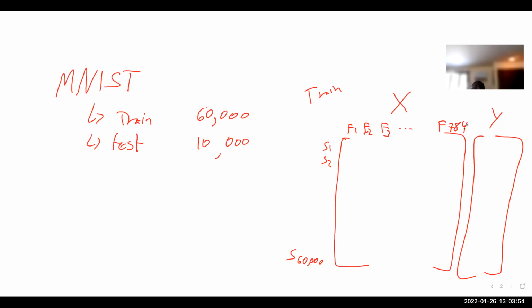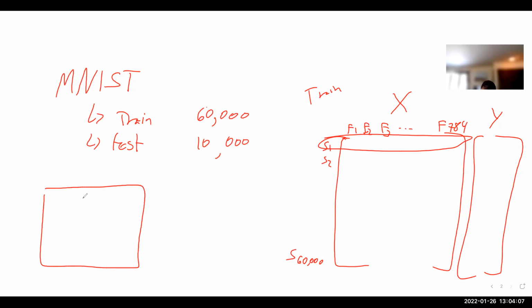Now, why 784 for each row? It's because of the following. Each row is an image, and the images are small images of size 28 by 28. So that is 28 pixels by 28 pixels.